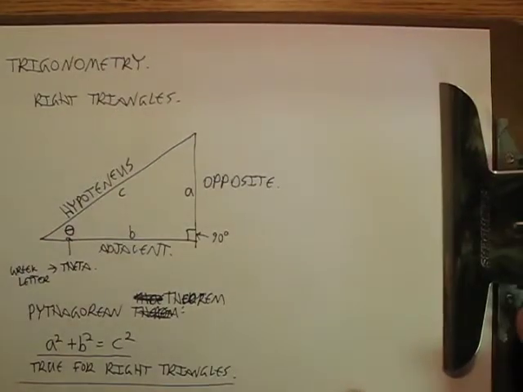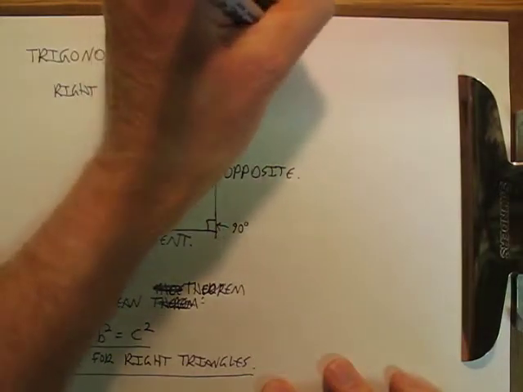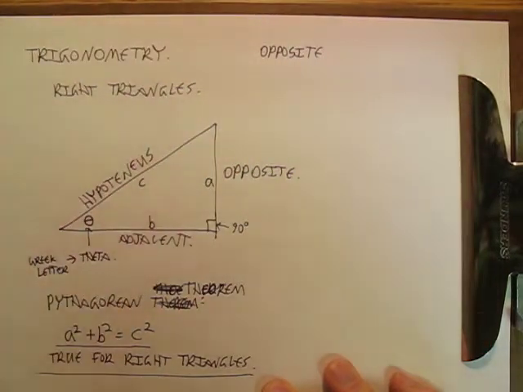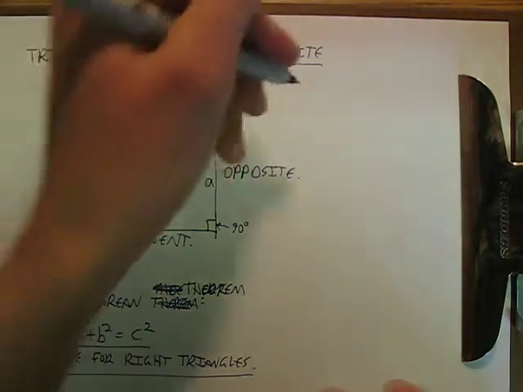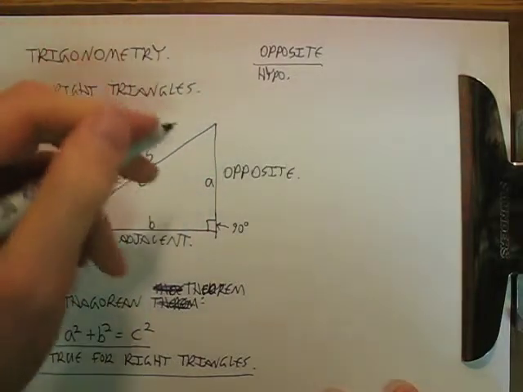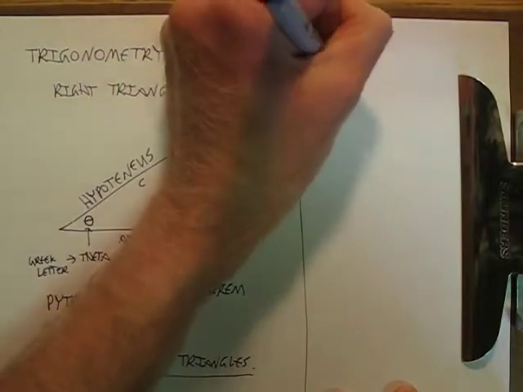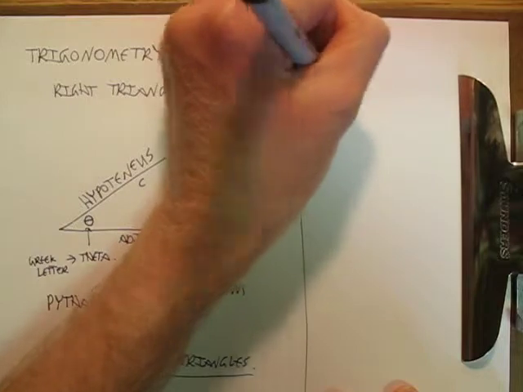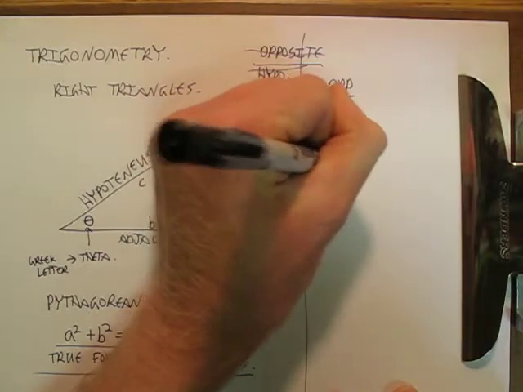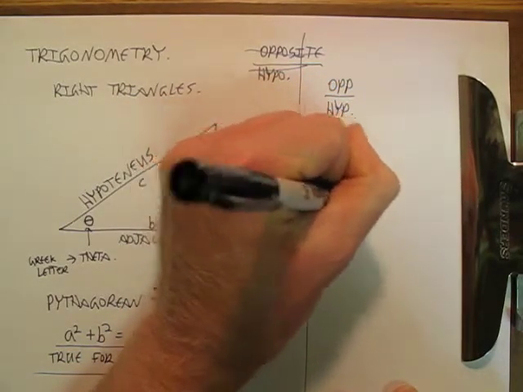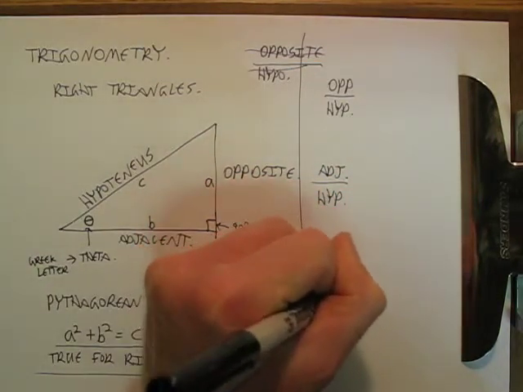The three proportions are opposite over hypotenuse, adjacent over hypotenuse, and opposite over adjacent.